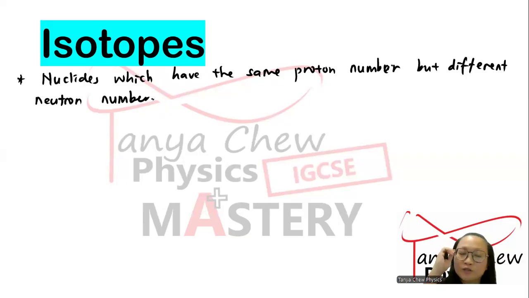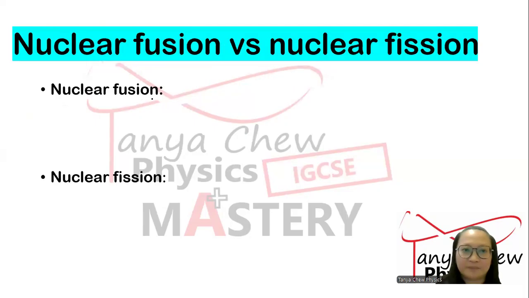And bear in mind, isotopes exhibit the same chemical properties. Why? Because they have the same number of electrons. It is the number of electrons that gives rise to the chemical properties. But it doesn't mean that isotopes have the same physical properties. Maybe this isotope is solid, the other isotope of it is liquid. That is what we call physical property.